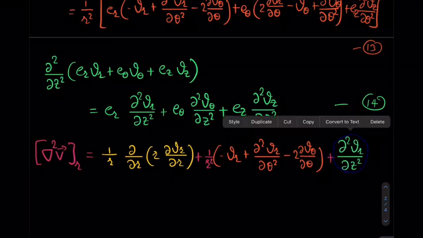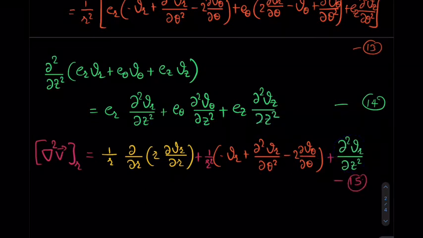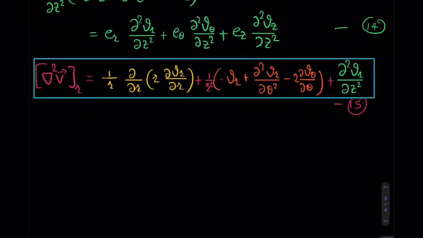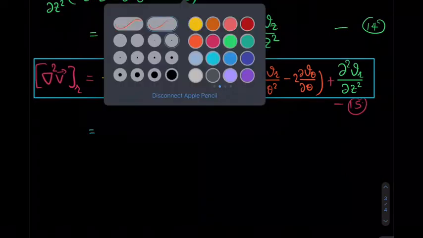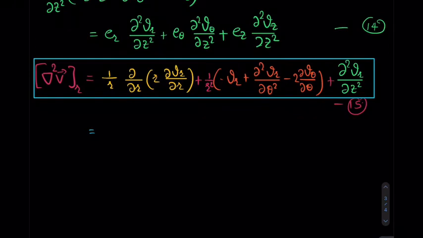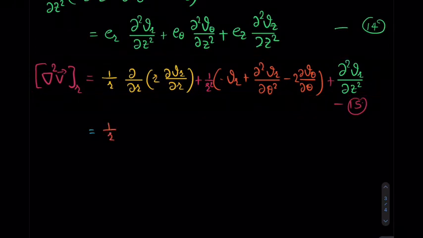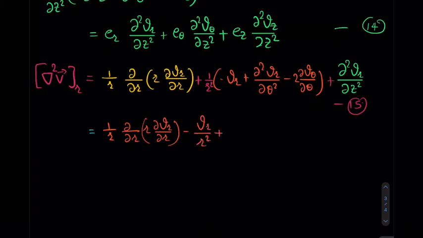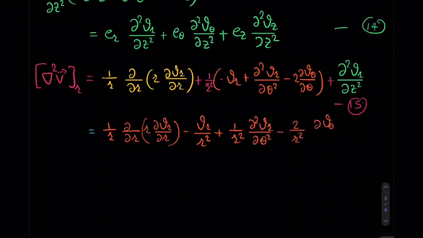So now let us first of all highlight this, and now let us split the bracket in the second term. Okay, so ddr of r times Vr, minus Vr over r squared, plus 1 over r squared d2 Vr d theta squared, minus 2 over r squared into dv theta d theta, plus second derivative of Vr with respect to z.